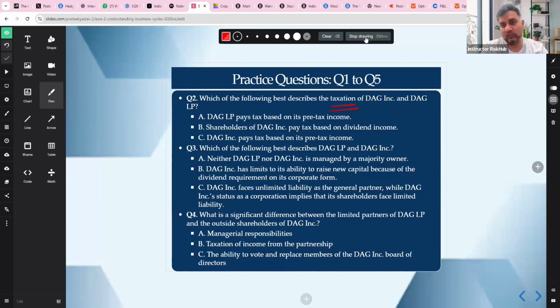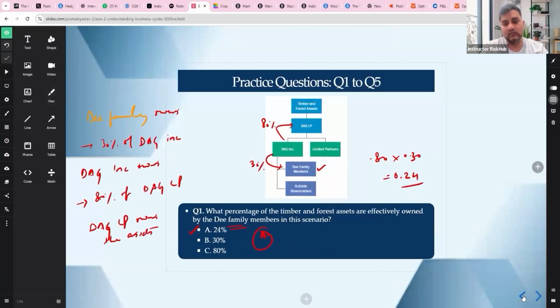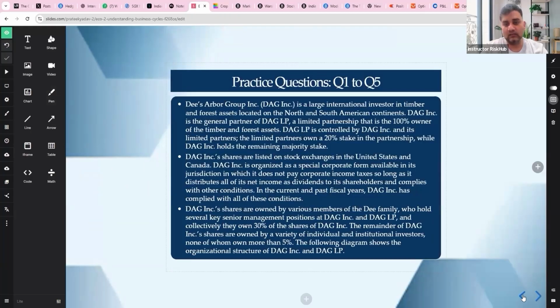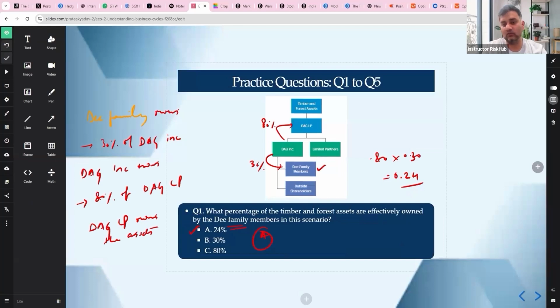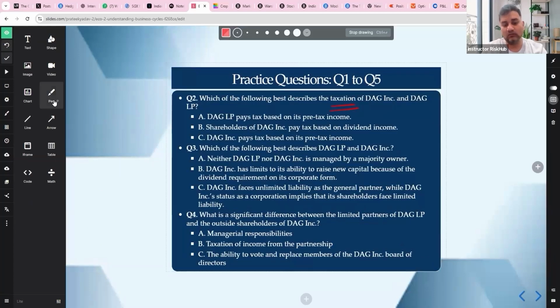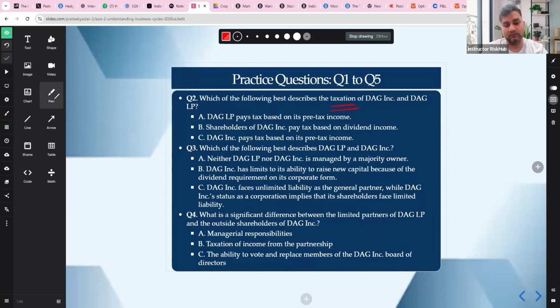If you go back to the question, DAG Inc. is a special corporate form which does not pay any income tax. So this is given in the question, and that is a relief, we know this much. Now, income is distributed as dividends. So let me write it down.